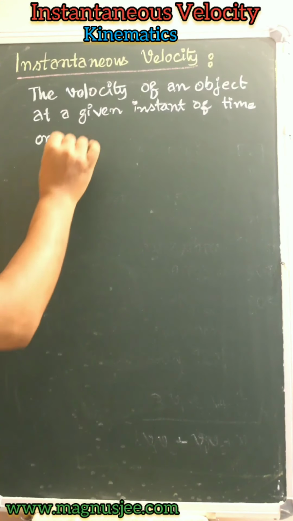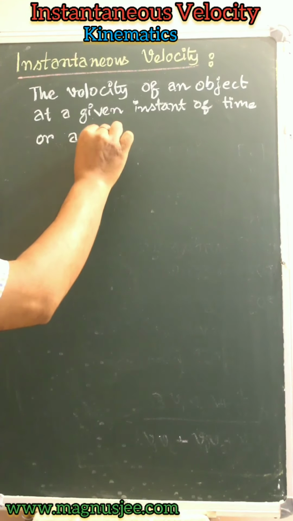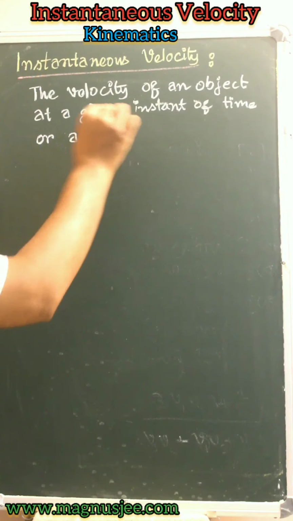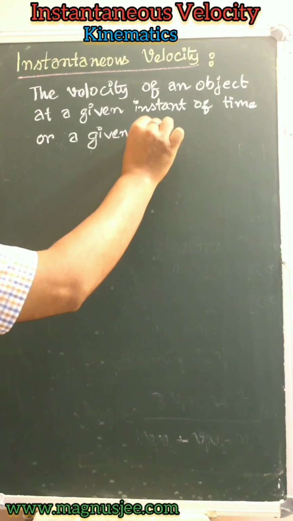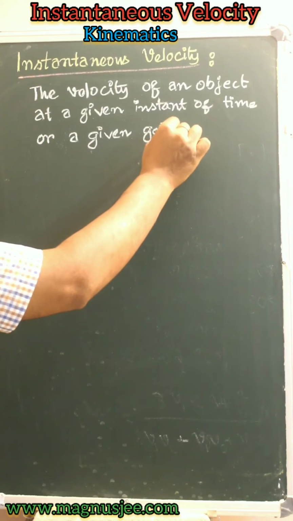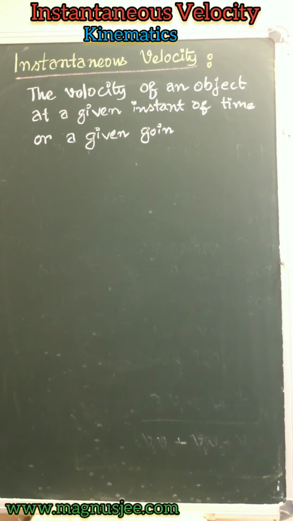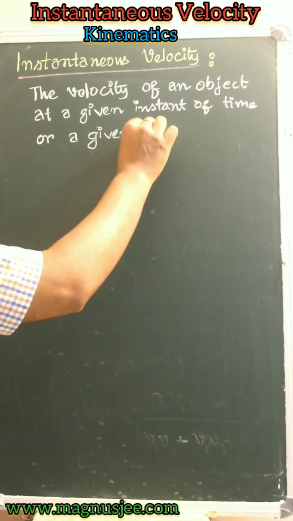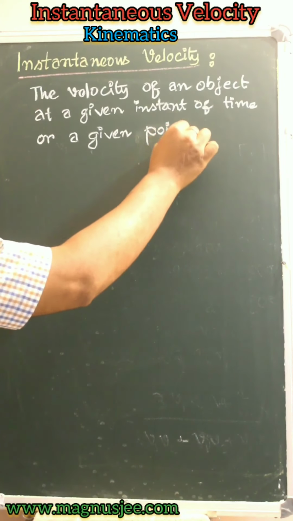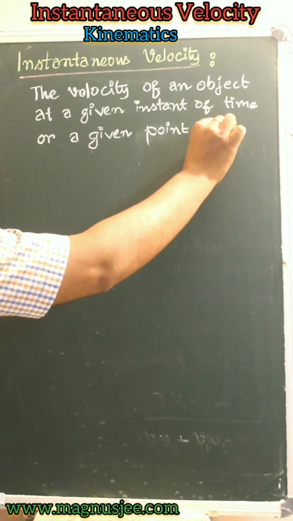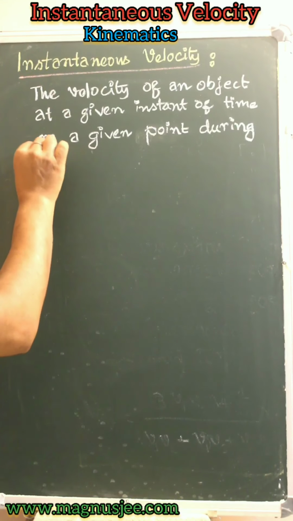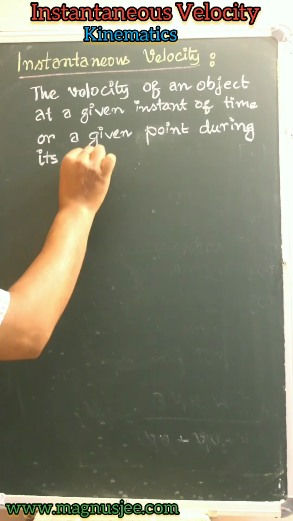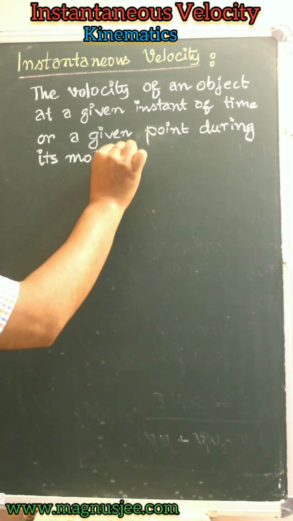or at a given point during its motion, is called instantaneous velocity.